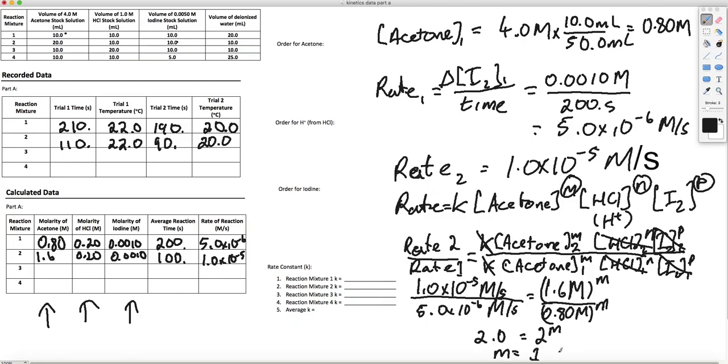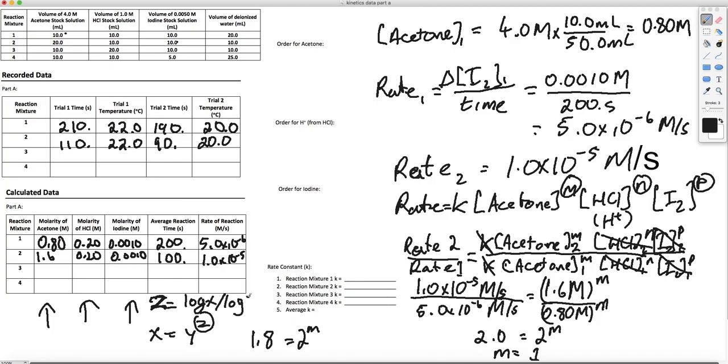Now M is always going to be rounded, so let's say this wasn't exactly 2.0, let's say it was 1.8, and let's say you had to solve for 1.8 equals 2 to the M. How would you do that? Well, what you could do is use this logic here: if you've got something where x equals y to the z, and you wanted to solve for z, then z would equal log x over log y.